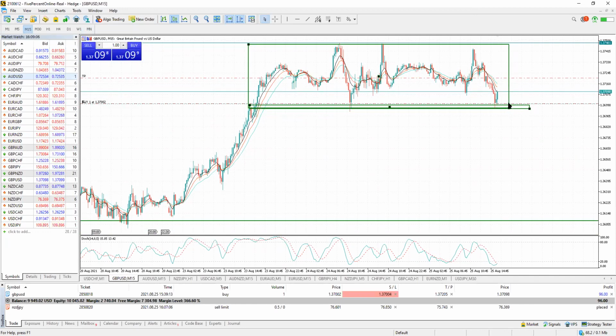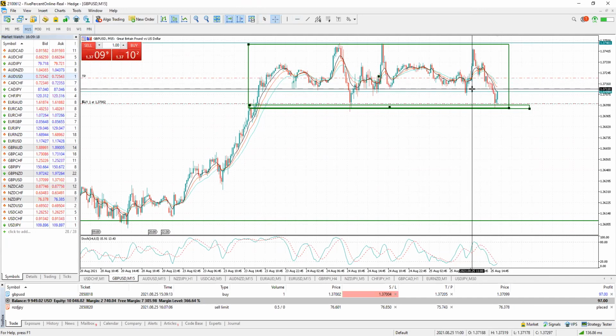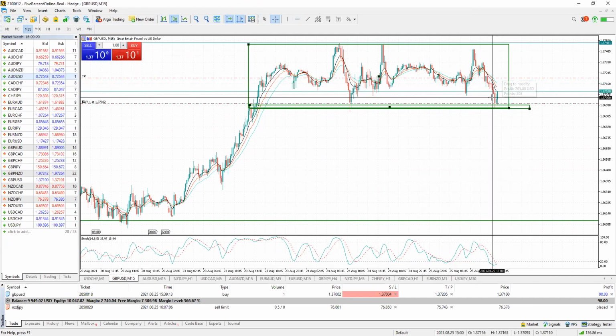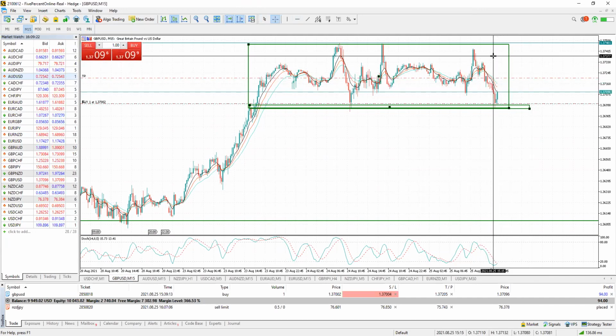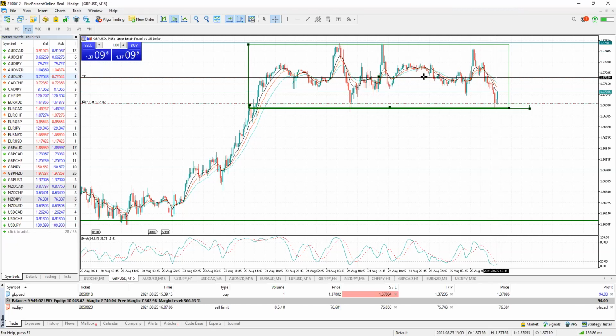If the price rebounds at that level here, there is a 50% chance the price will come back to the median, to the middle of the range. So that's why I want to exit here. I can also maybe exit partial profit here and exit the other 50% at the highest point, but it will be harder. So I prefer to exit everything here in the middle.